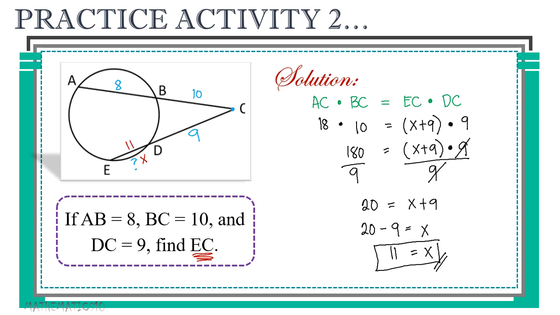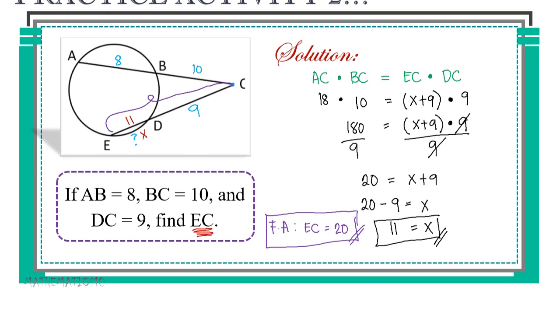And since we are asked to find the measure of secant EC, we should know the entire measure of this secant, ED and DC. So 11 plus 9, therefore our final answer must be EC equals 20. And we are done with this problem.